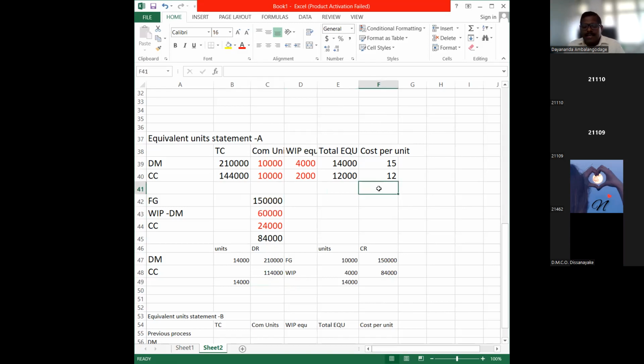I'm sorry, I made a small mistake here. I have to take the total cost also, no? Total cost is 27, with regard to the DM and DC. So this 10,000 should be multiplied not by 15, but by 27, because it's from the total unit cost.